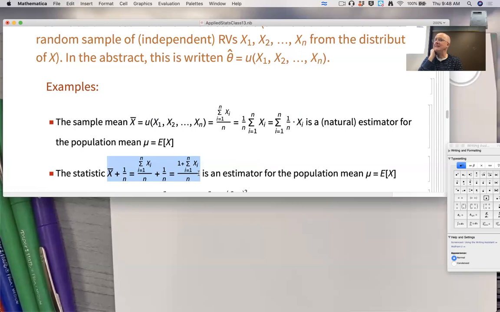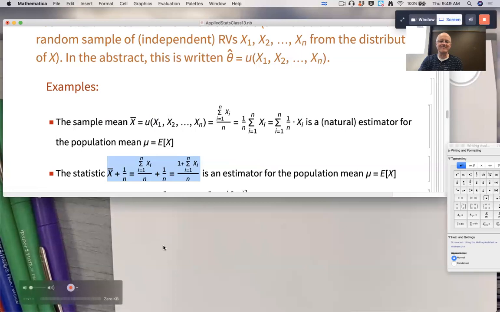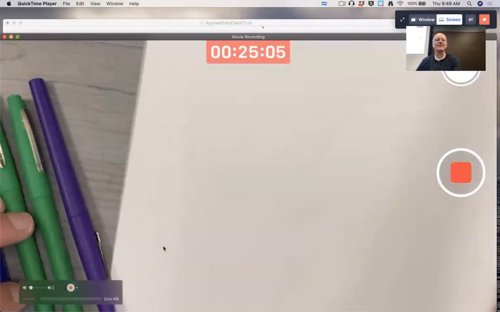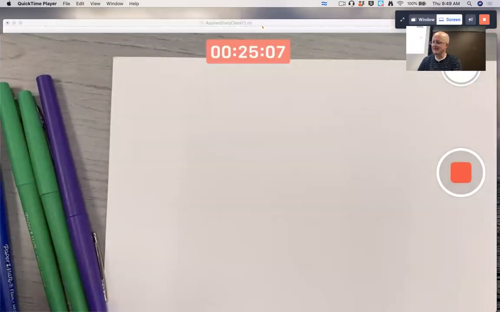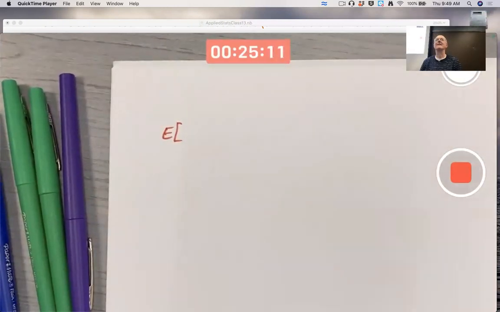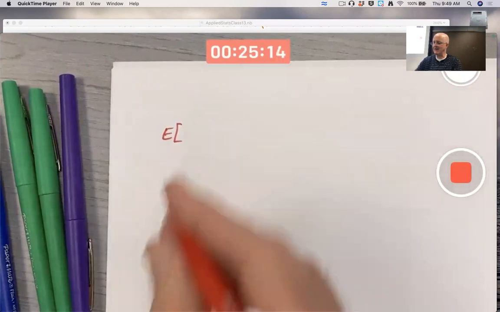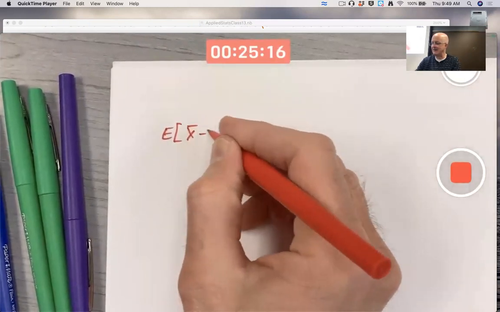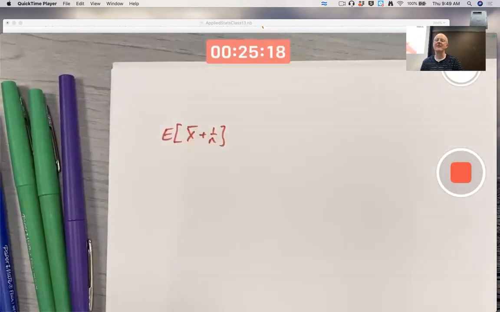Is it unbiased? First thing to do by hand here. Is it unbiased? Well, figure out its expected value, thinking of n as fixed here.